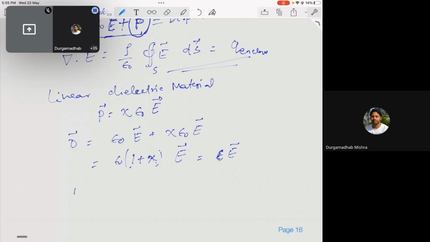Okay, so D is equal to epsilon naught E. So which is the dielectric permittivity, or simply just called the permittivity of your dielectric material.